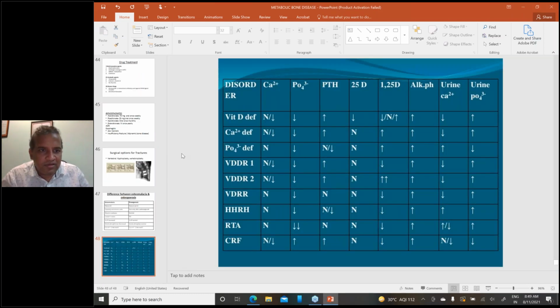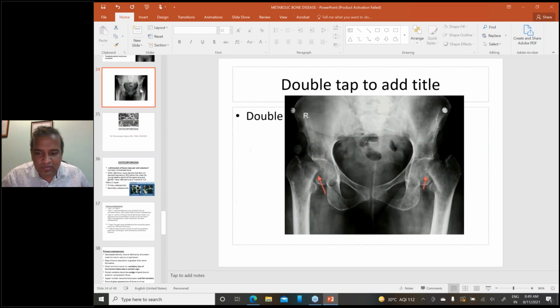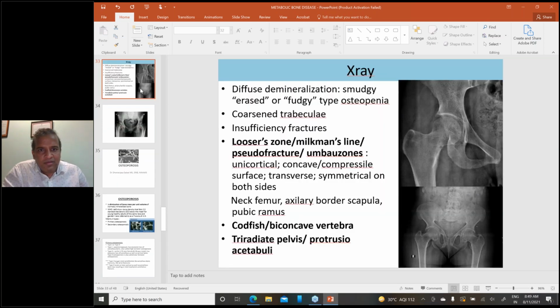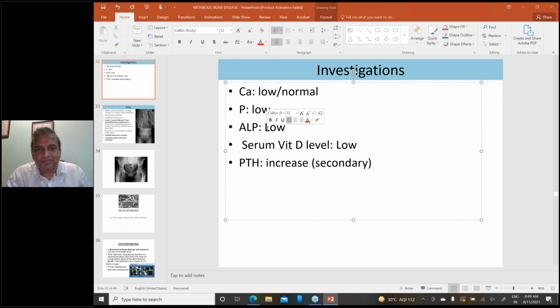I think ALP is not low. This may be a misprint. ALP should be increased in osteomalacia, not low. This is a misprint, I need to correct it. It should be increased rather than low.